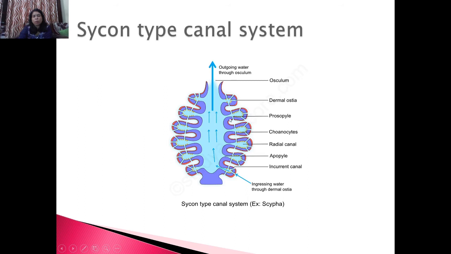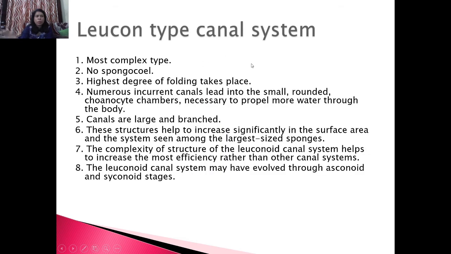These are the porocytes. These are the choanocyte cells. This is the radial canal. These are the apopyle openings. And the water goes inside through these dermal ostia and goes outside through the osculum.